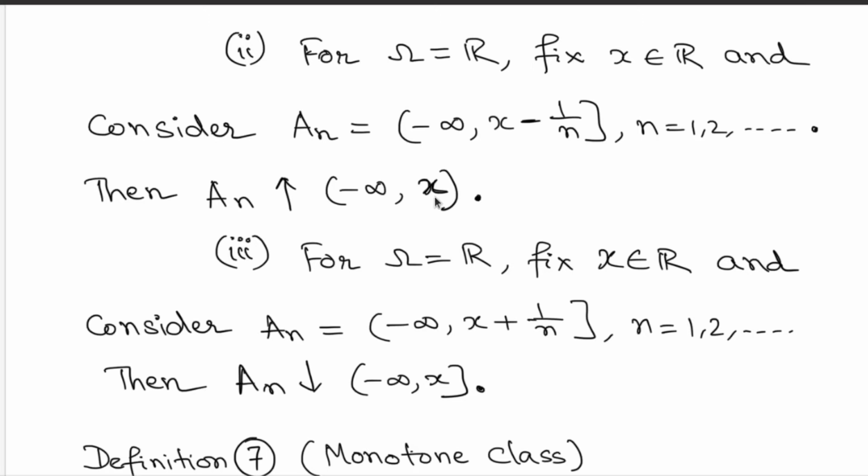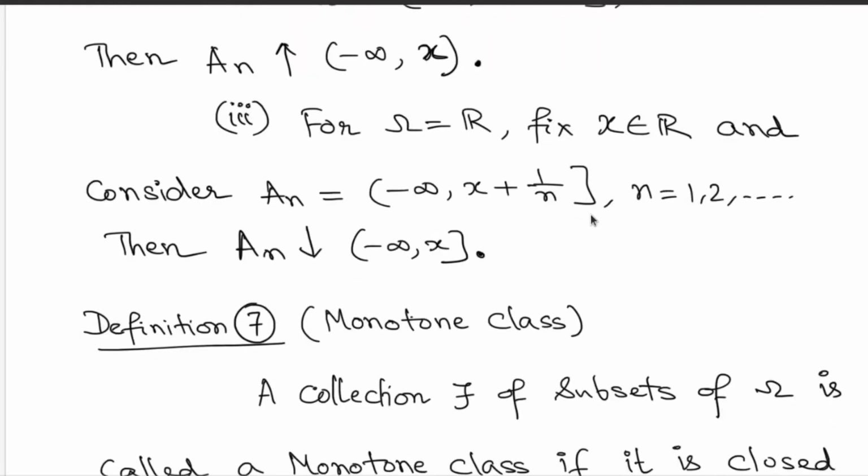So it will not contain the point small x, but it will be the open interval minus infinity to open x. That's a very interesting observation: you have these collections of closed intervals, but their countable union is giving you an open interval. So please check this.